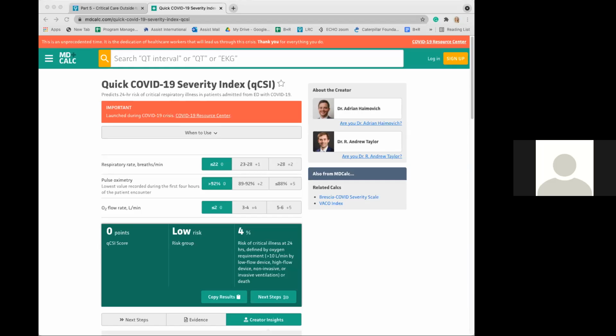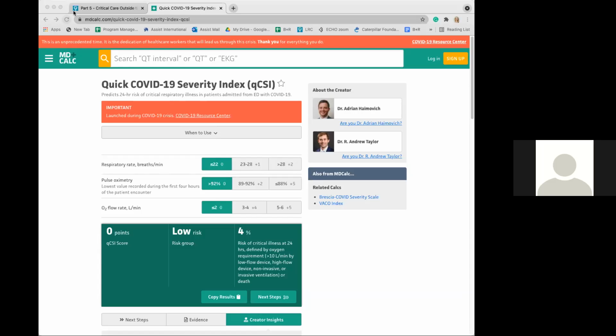So you'll be looking at these 3 parameters, getting the score of each, totaling them up, and then looking at what the total score means. The higher the score, the higher the risk of deterioration, the higher the risk of respiratory failure, and the higher the chances that this patient may require advanced or high level care.